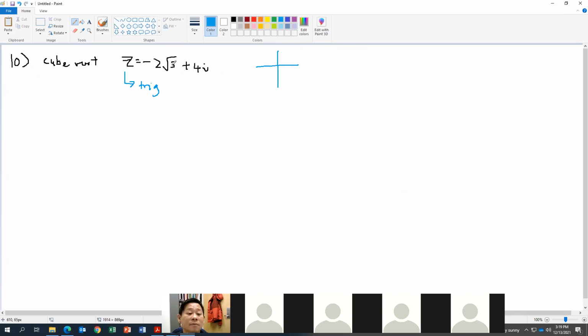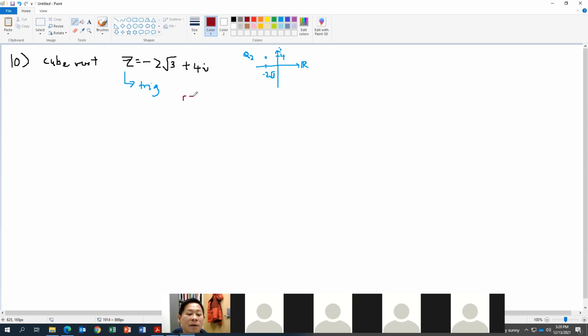What quadrant? So negative 2 root 3 is here. And don't forget, this is your real and this is your imaginary. So this is actually in quadrant 2. And you have to find your R first.